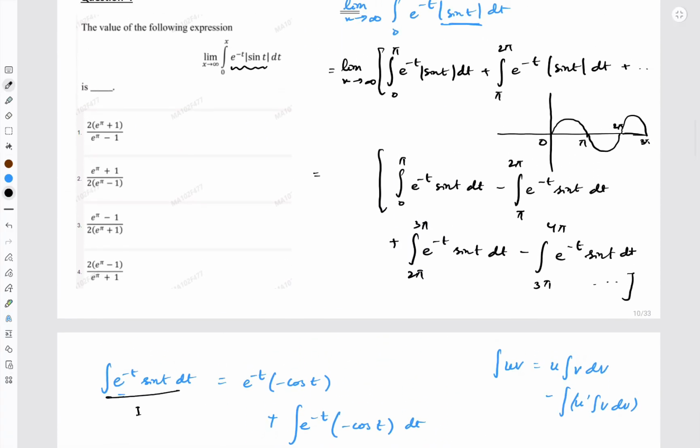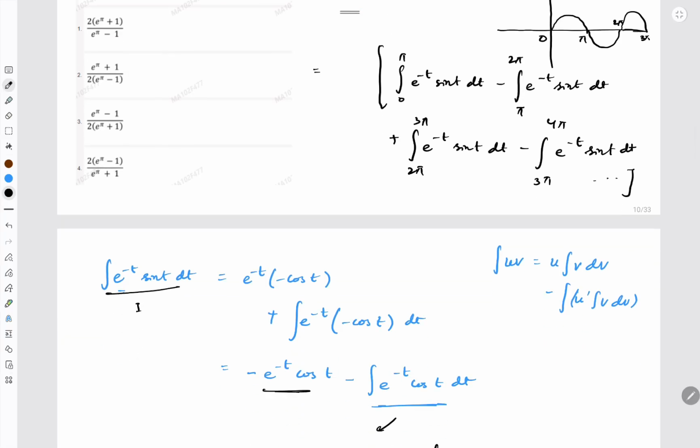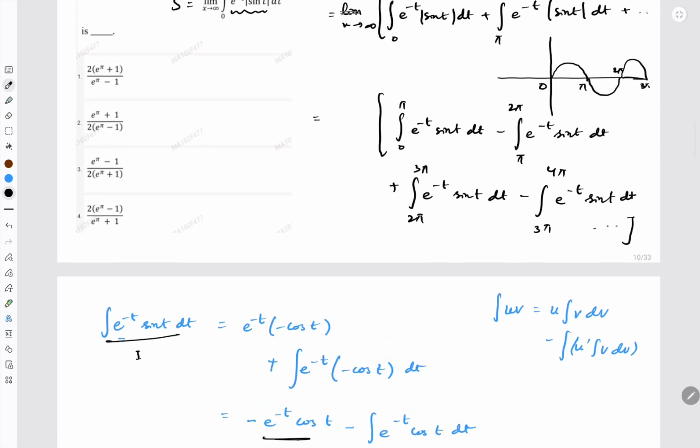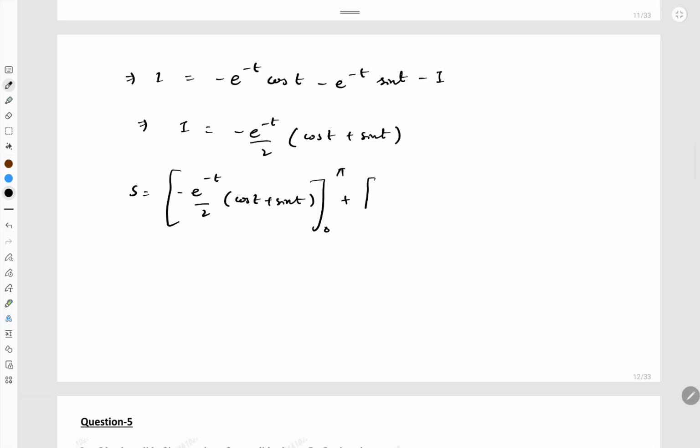Now I can write this integration. Let the sum be s. So s will be equal to the integral from 0 to pi of this value, so minus e power minus t by 2 times cos t plus sin t, evaluated from 0 to pi, plus the same thing.